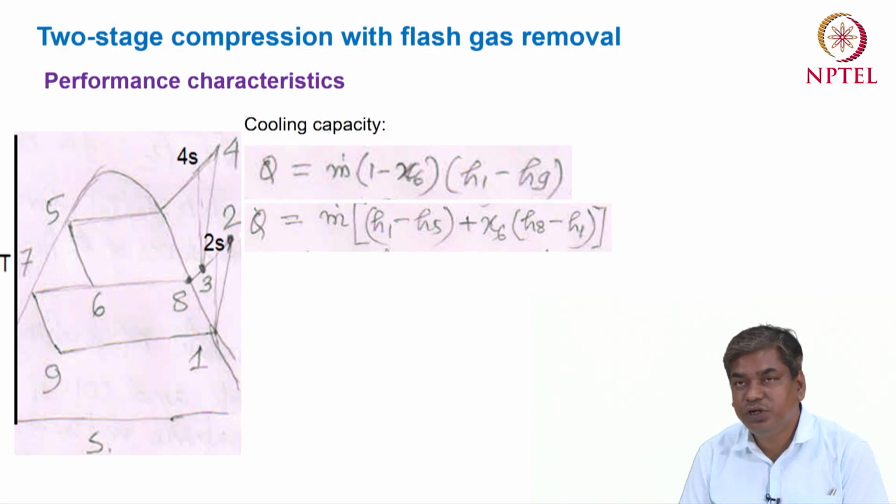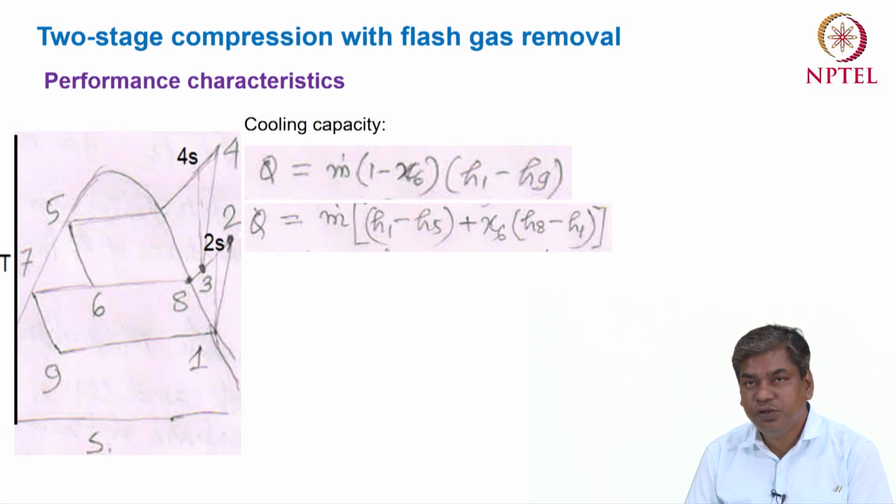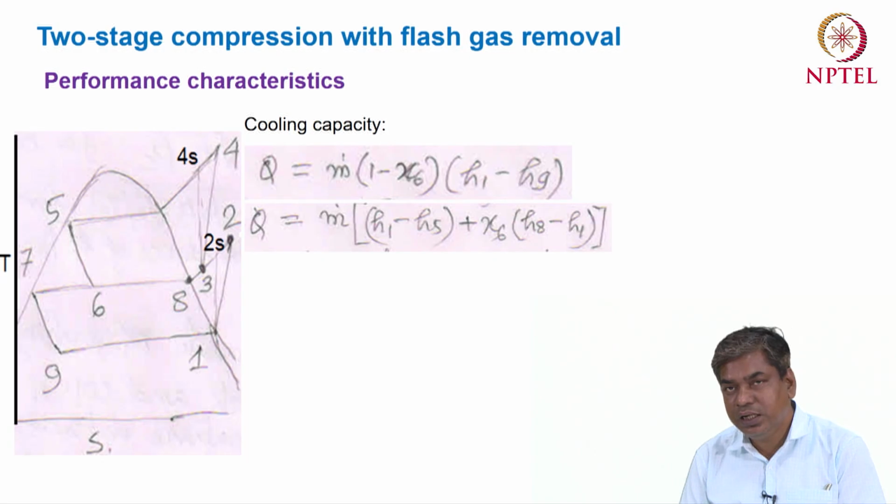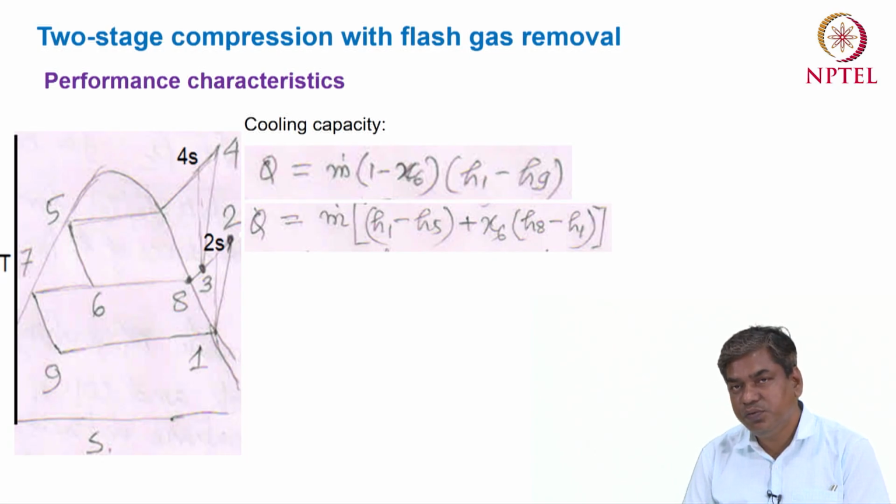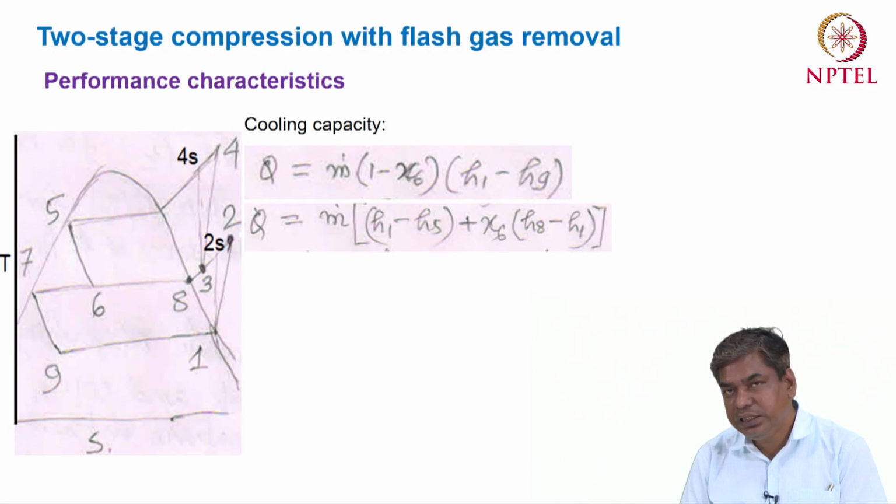So what is the importance of this equation? If we compare with the basic cycle, the expansion process goes from the condenser pressure to the evaporator pressure. If we expand the process 5 to 6 up to the evaporator pressure, h5 is the inlet enthalpy of the evaporator.